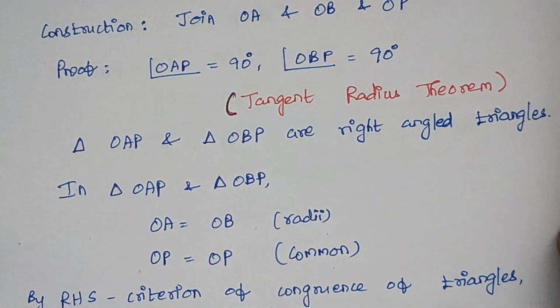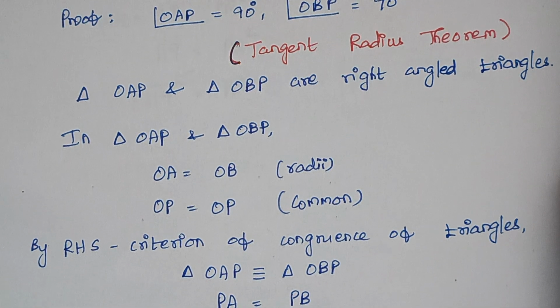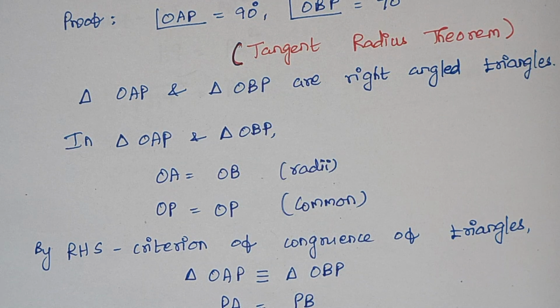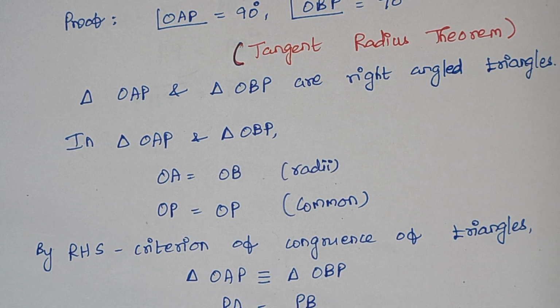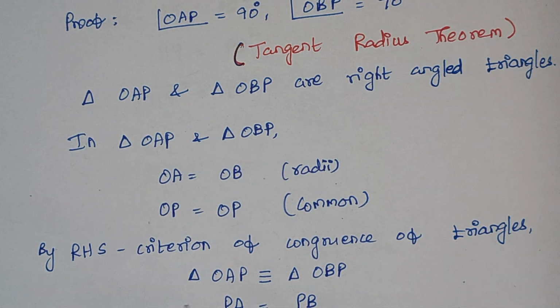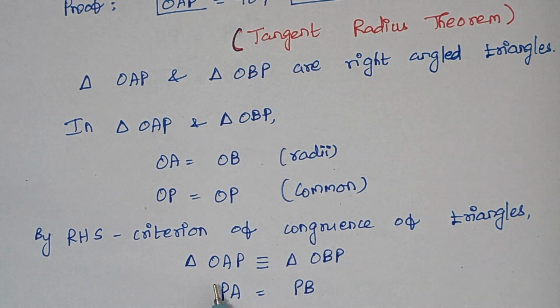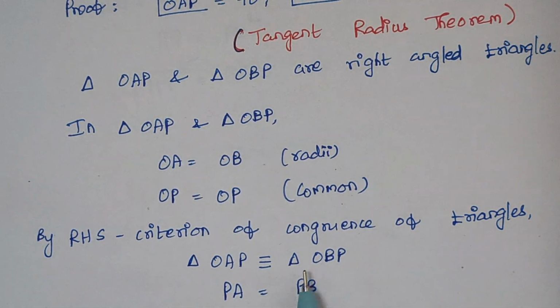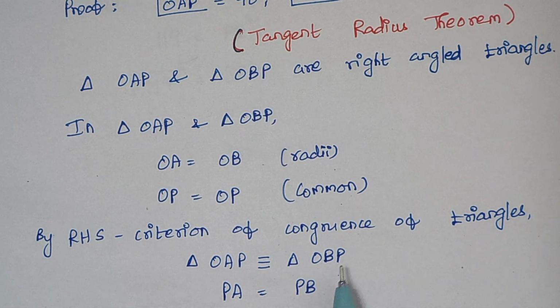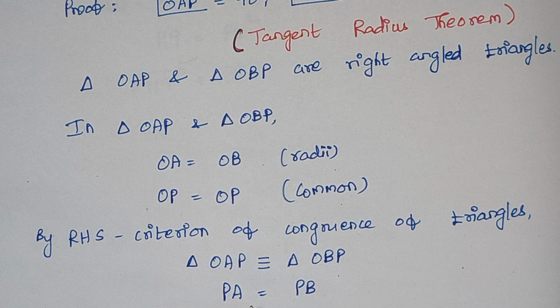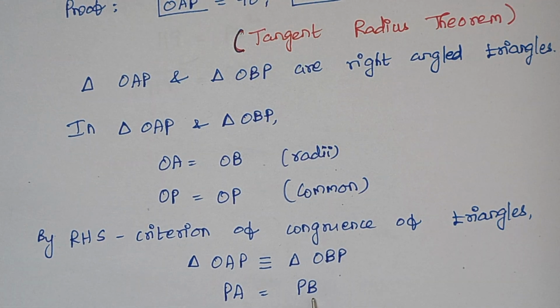So by the RHS criterion of congruence of triangles, where RHS stands for right angle, hypotenuse, side, triangle OAP is congruent to triangle OBP. This means the lengths of the tangents, PA is equal to PB.